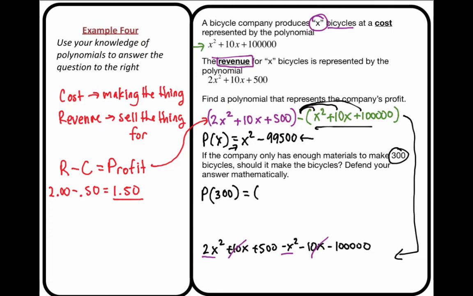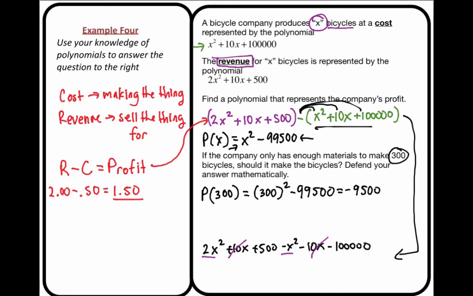So I'm going to put 300 into our profit function and see if this is going to give us a good return. If not, then we probably shouldn't make it. If it gives us a good return, then we probably should make it. So after computing this out, we're going to get a negative 9,500, okay?